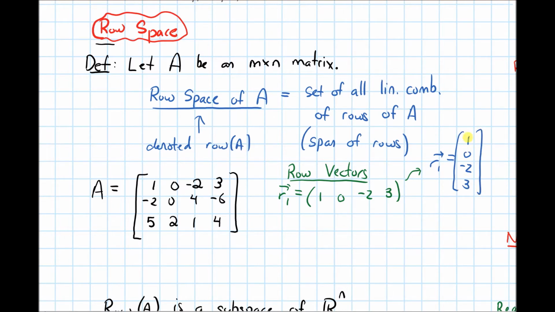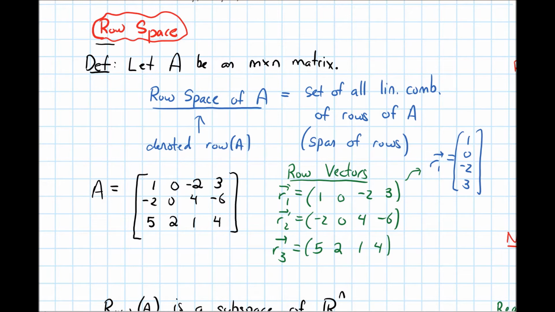But if we do that, we just want to keep in mind that this is the vector that refers to the first row. If I did this for the other rows, the second row would be -2, 0, 4, -6. The third row vector would be 5, 2, 1, and 4.